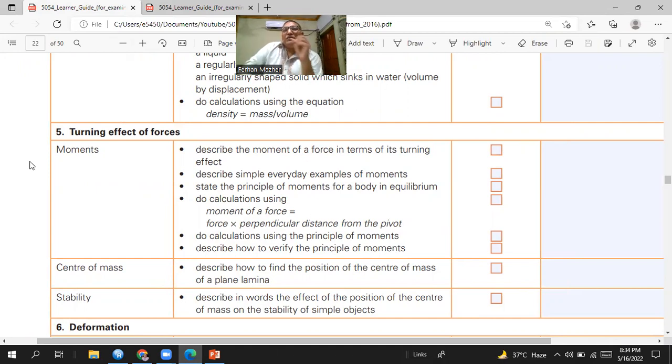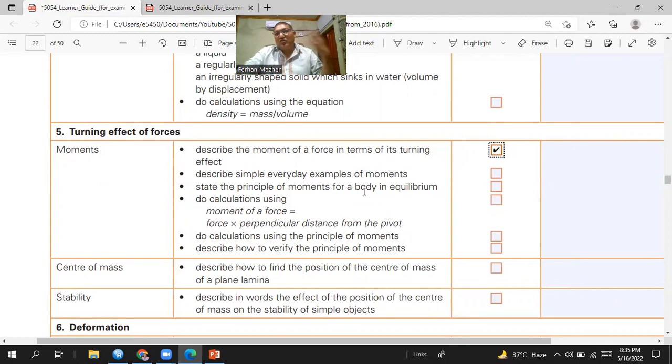And the moment is basically the force multiplied by the moment arm. So what is the moment arm? Moment arm is the perpendicular distance between the line of action of the force and the pivot.